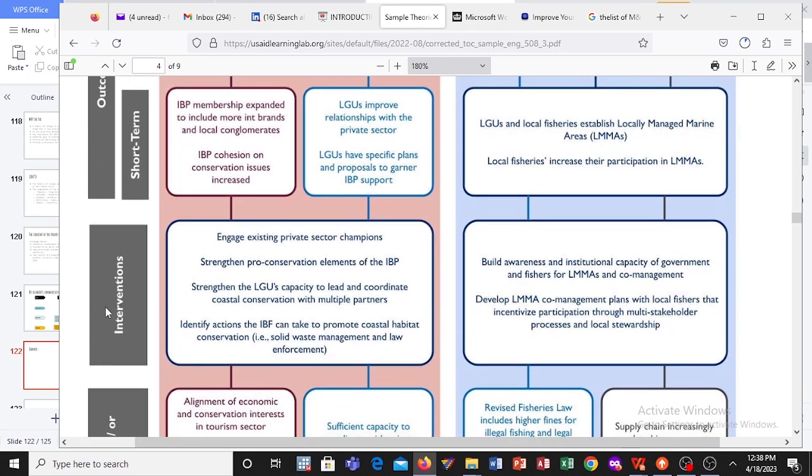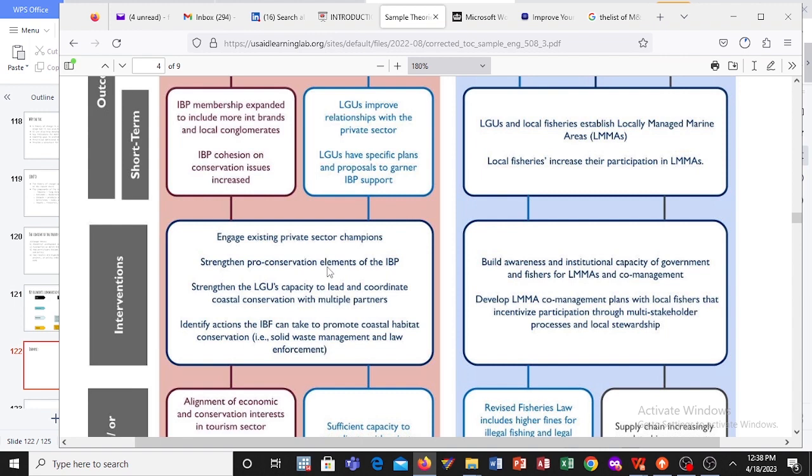Then the interventions, they clearly identify the interventions, which are the activities and outputs they hope to implement that will lead to the long and short-term outcomes. And under this, they've mentioned, for example, engage existing private sector.